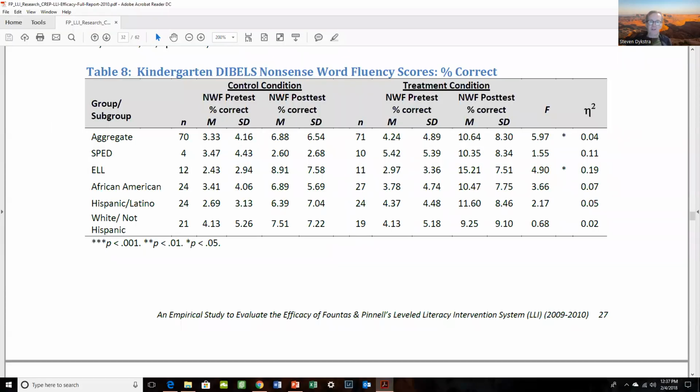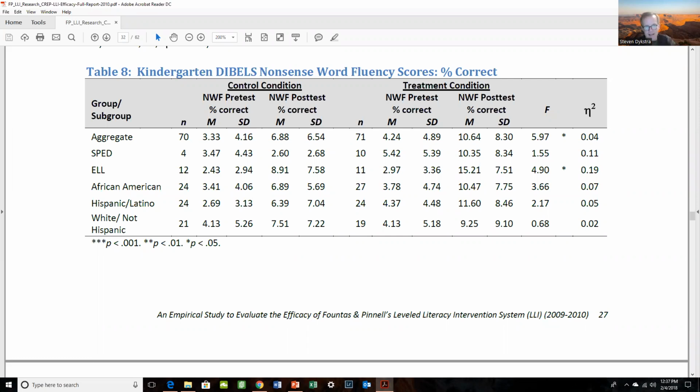What I want you to look for when you look at tables like this, they were telling you to expect a lot. What I want you to look for is asterisks. Asterisks are used to mark results that are significant, statistically significant.